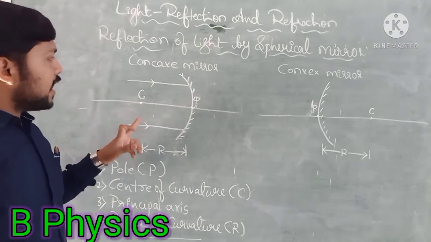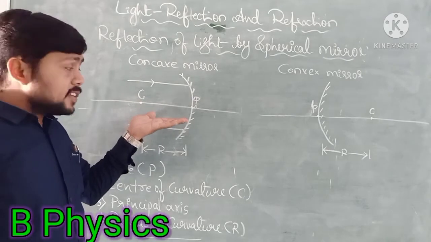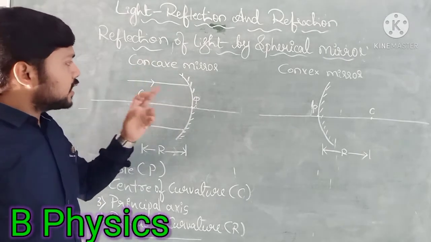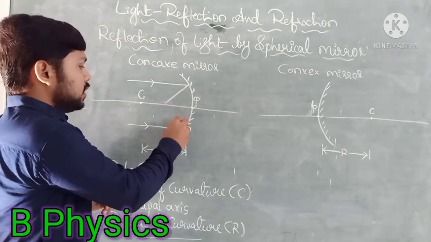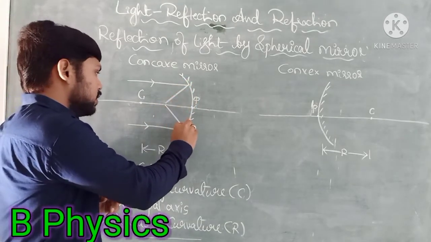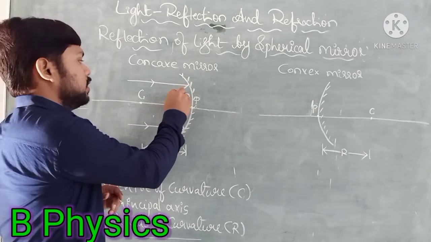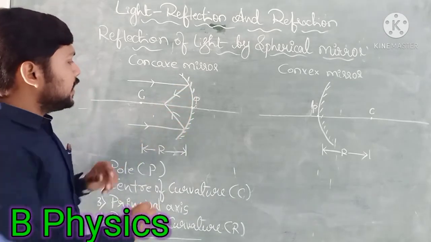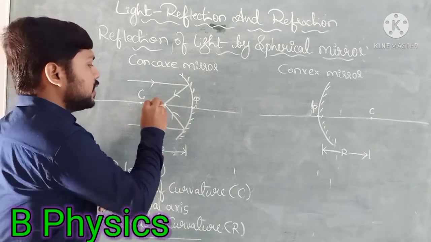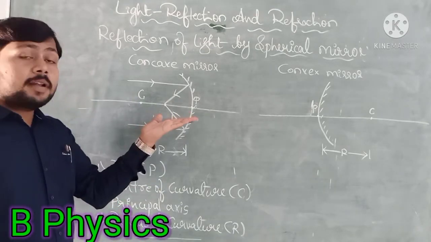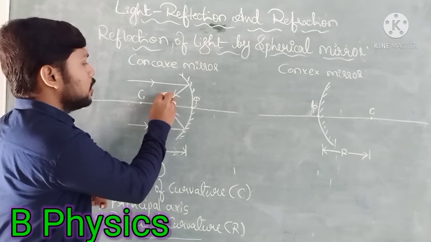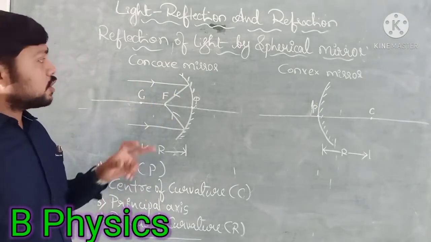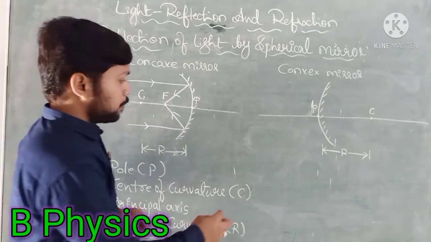Consider rays of light which are parallel to the principal axis of a concave mirror. After reflection from it, the reflected rays are meeting or intersecting at a point on the principal axis. So this point is called the principal focus of concave mirror.